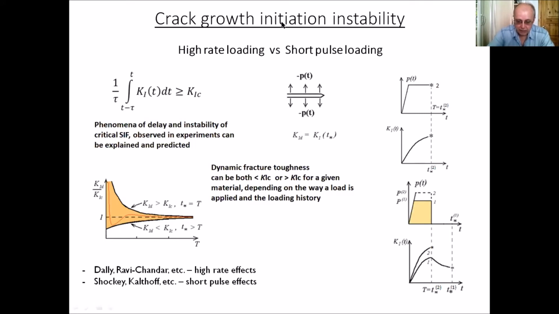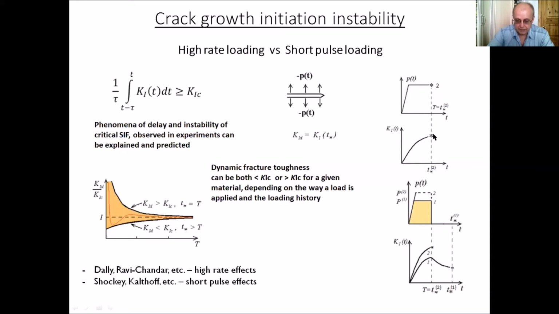Why? I will just try to explain. Suppose that the load on the crack faces, this is just a pressure on the crack faces, acts up to the moment of fracture. And T star is the moment of fracture. In this case, we have a fracture that occurs on the increasing stage of the stress intensity factor, shown here.